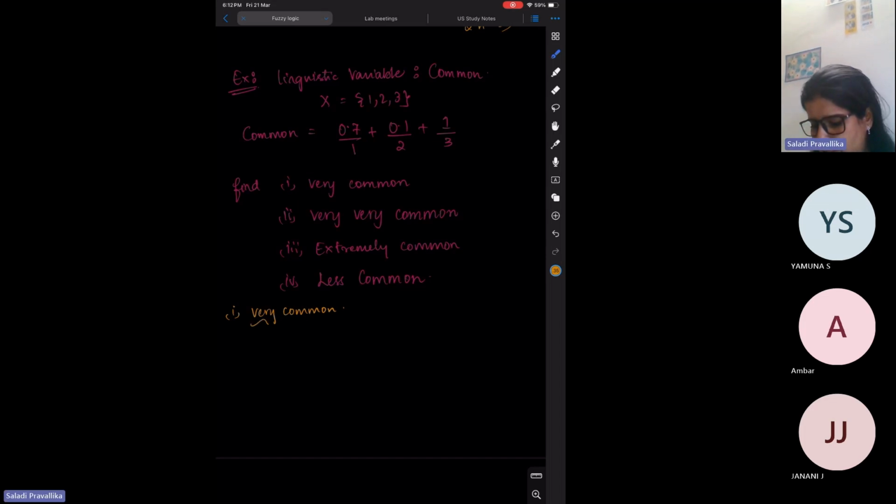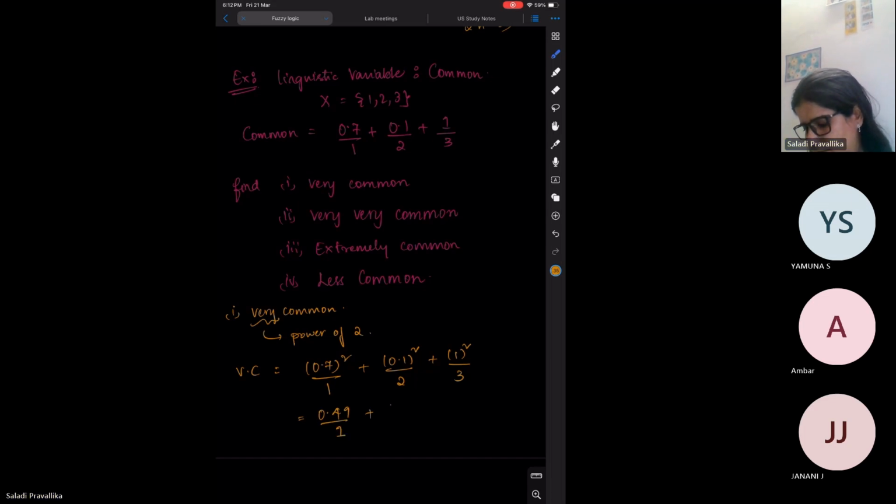So for "very" here, you have to take the power of 2, right? So "very common" is equal to 0.7 whole square for given 1, and 0.1 whole square for given 2, 1 square for given 3. So this is equal to 0.49 given 1, 0.01 given 2, and 1 given 3, right? So can you guys do for "very, very" and let me know what's your answer?